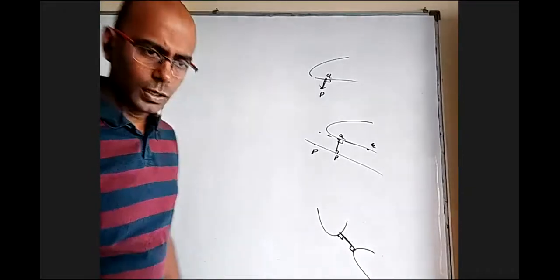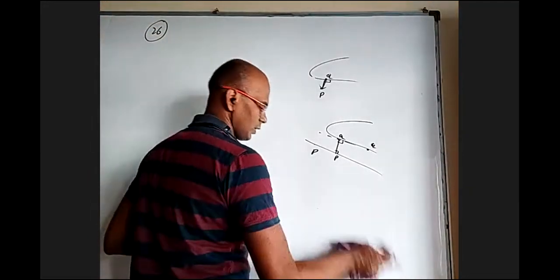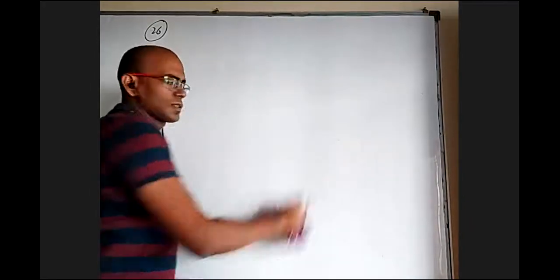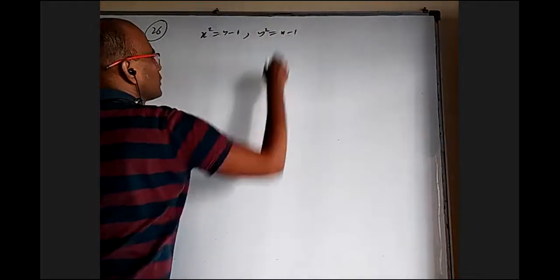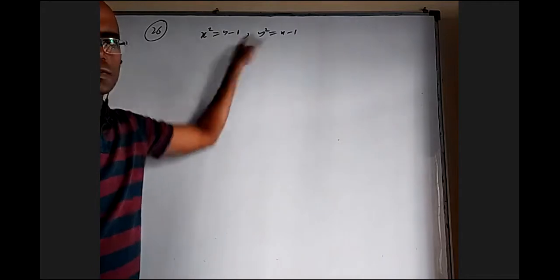In general, finding that common normal may be difficult, but the method is correct. Here it is easier because they gave the curves as x square equal to y minus 1, y square equal to x minus 1. By interchanging x and y, you get the other.